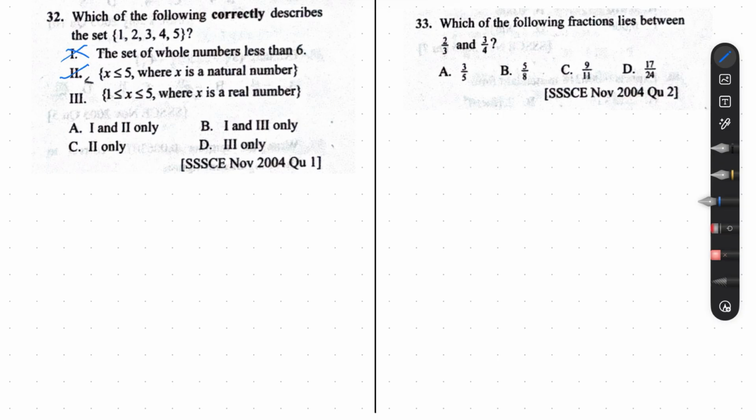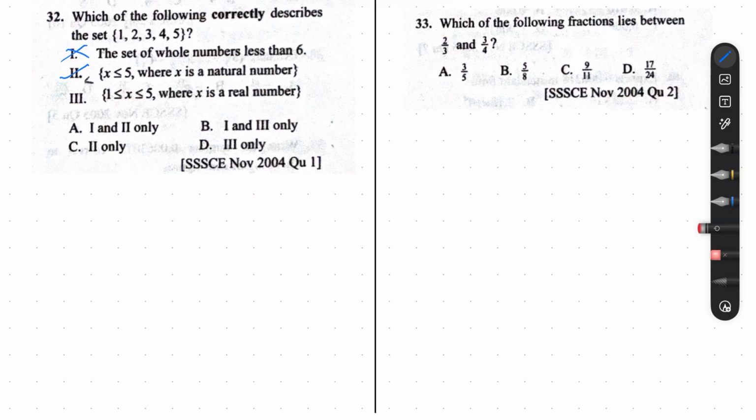III says 1 is less than or equal to x less than or equal to 5, where x is a real number. It means that x can either be rational or irrational, right?